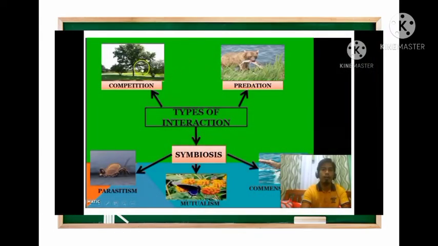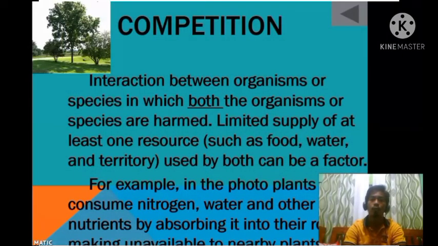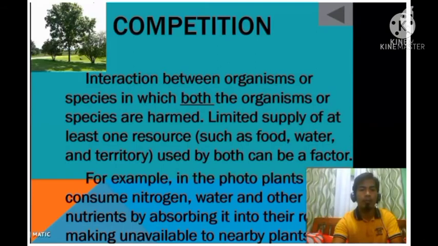So let us now have competition. Competition is the interaction between organisms or species in which both the organisms or species are harmed. They are competing with a limited supply of at least one resource, such as food, water, and territory. For example, in the photo above, the plants consume nitrogen, water, and other nutrients by absorbing it into their roots, making it unavailable to nearby plants.